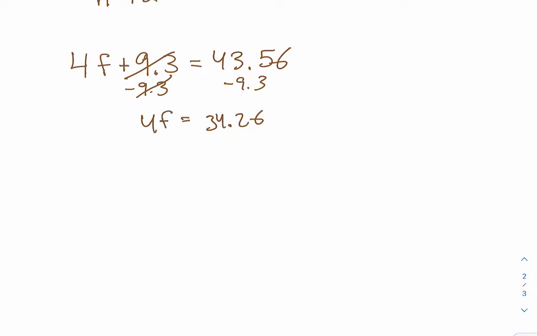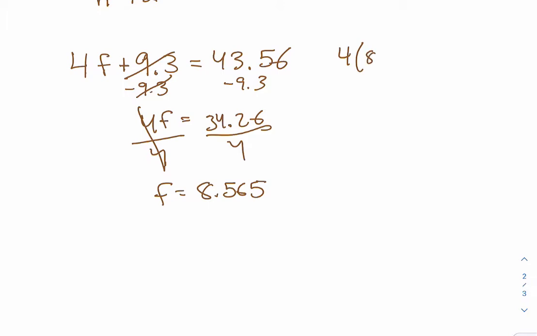4f equals 34.26. I'm going to divide by 4, divide by 4, f equals 8.565. So I verify that. I go 4 times 8.565 plus 9.3, I hope is going to equal 43.56.